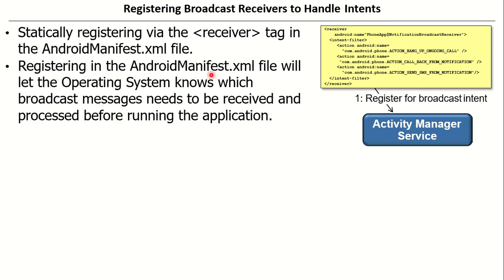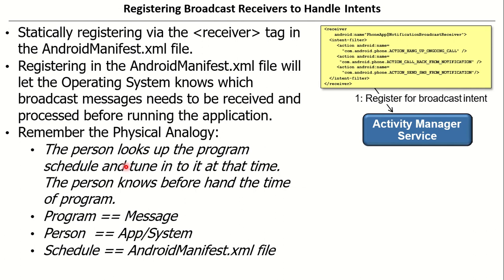Registering in a manifest file lets the operating system know which broadcast messages need to be received and processed before running the application. Whatever message is defined inside the intent filter is available to this application and will be able to call the onReceive method.